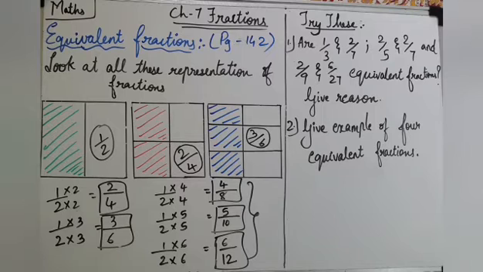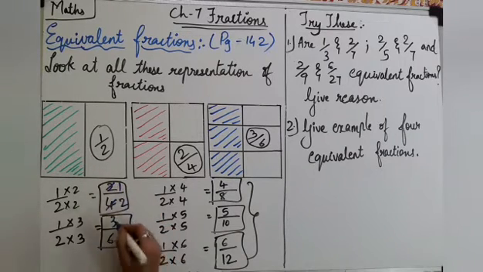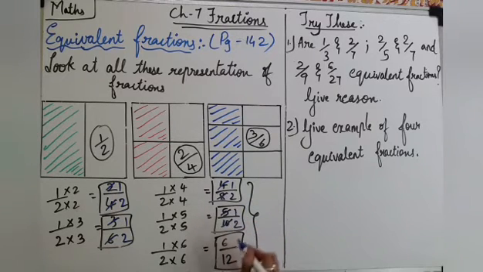Why? Because if we cut them, the answer will come 1 upon 2 only. If I am cutting by 2, so 2 1s are 2, 2 2s are 4, 3 1s are 3, 3 2s are 6, 4 1s are 4, 4 2s are 8, 5 1s are 5, 5 2s are 10, 6 1s are 6 and 6 2s are 12.